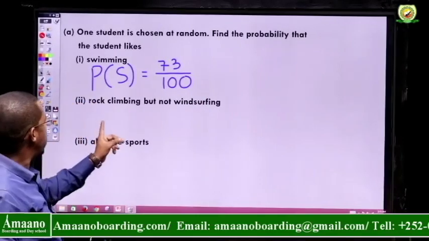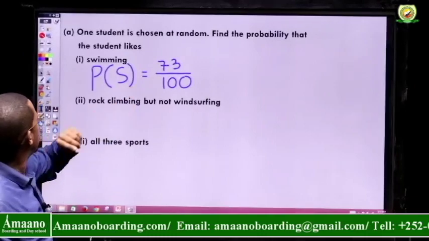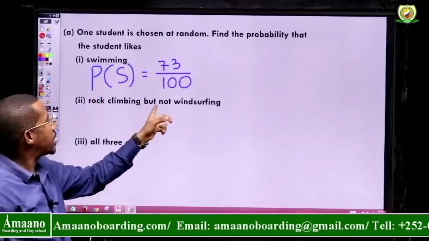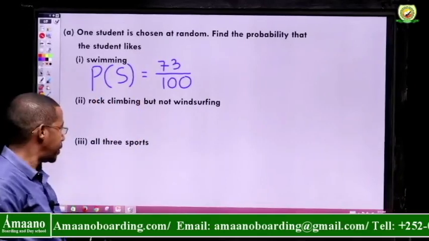Then, find the probability that the student likes rock climbing but not windsurfing.